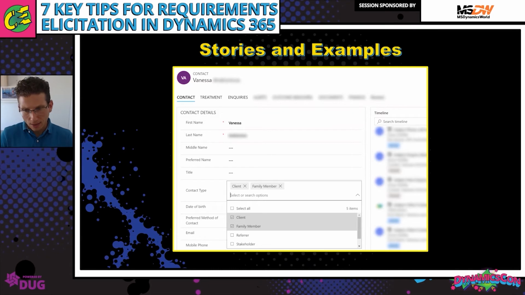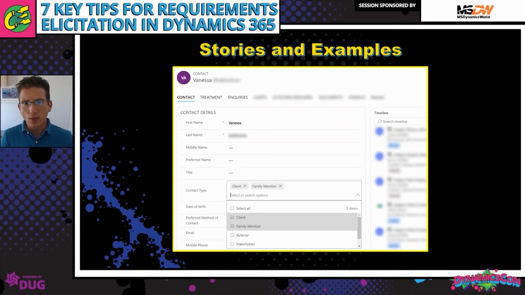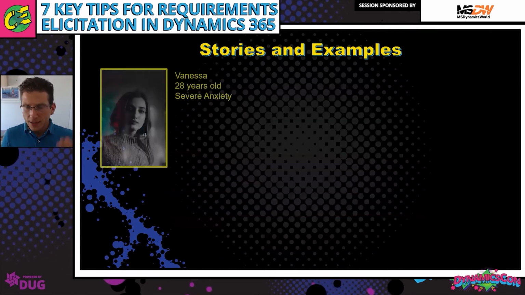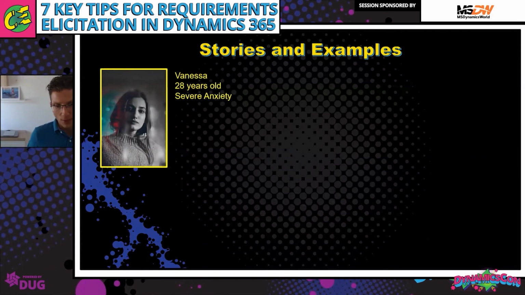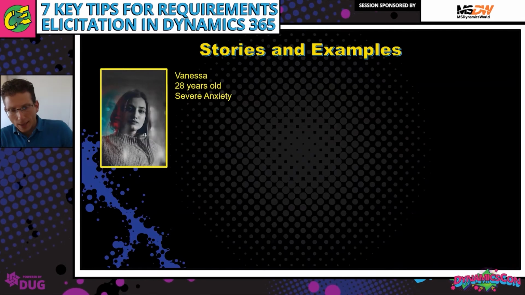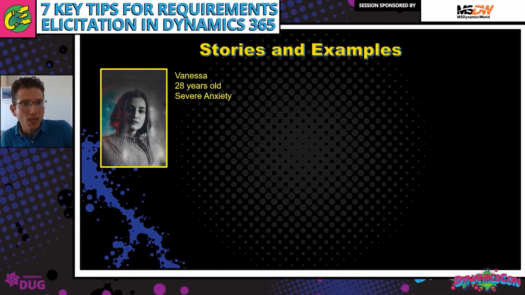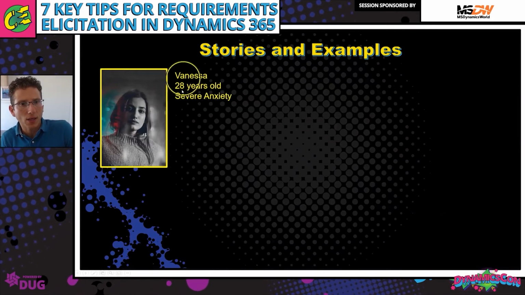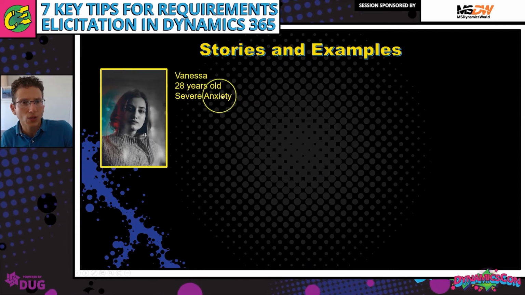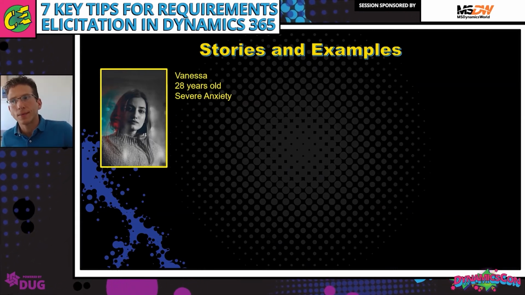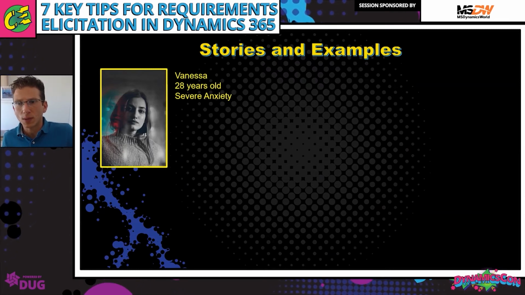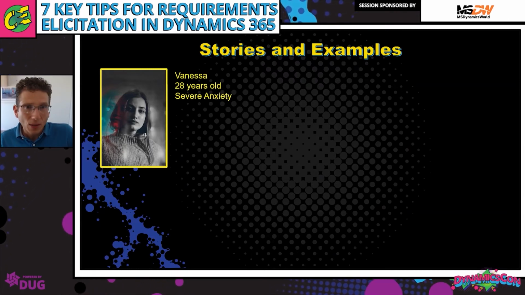So I stepped back a bit, and what I did is, let's imagine a situation. Let's start with a real life story, a real life example. So if you have, for example, Vanessa. Let's call her Vanessa. She is 28 years old, and she suffers from severe anxiety. My client was a company treating people with mental health issues.